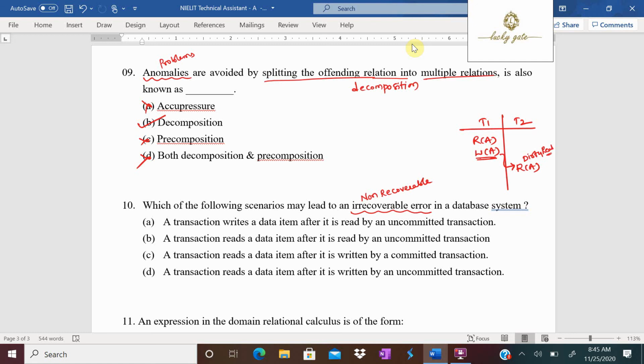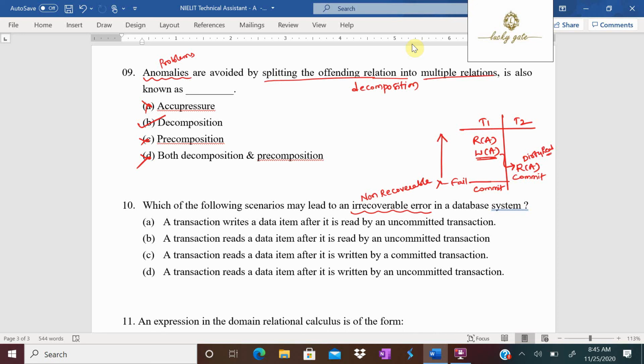And the transaction T2, which has performed a dirty read, is committed before transaction T1. Then what problem is possible? Suppose transaction T1 failed at this point, then it requires rollback of T1.